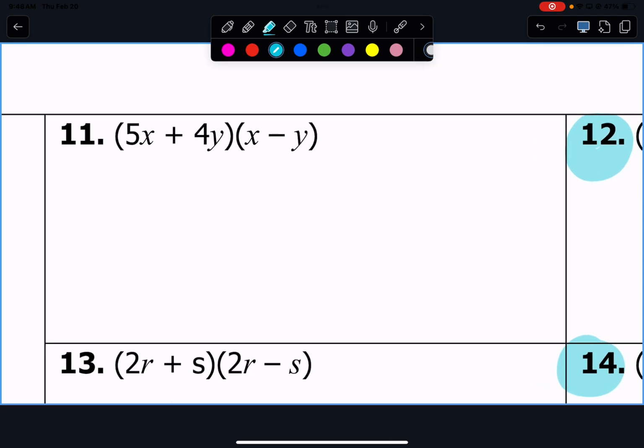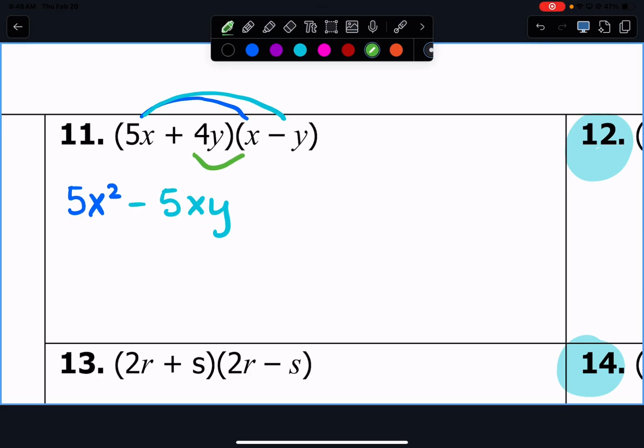Okay. So if you want to go over this one, we do 5x times x, and that'll give us 5x squared. Then we're going to do 5x times negative y, which will give us negative 5xy. Then we'll do these two, so we'll get 4xy.